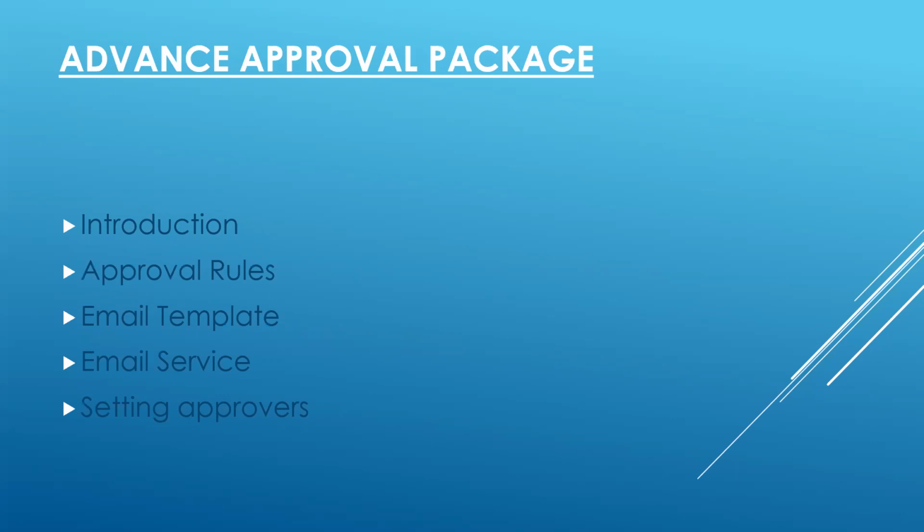So I was suggesting that we include this in our CPQ training session. This will help you build more flexibility into the CPQ and the approval process. Advanced approval is more featured than the standard process that we have.